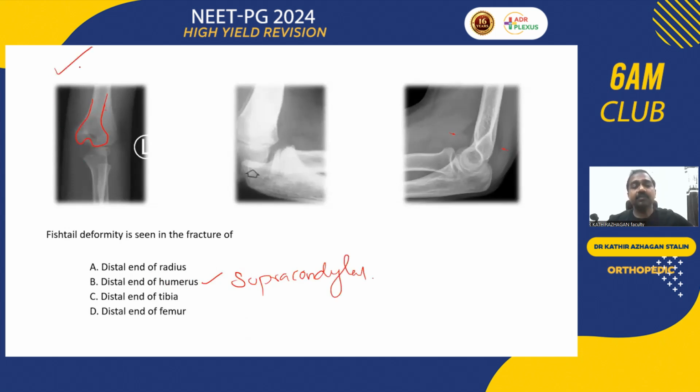This was asked. So what I did is, next year they will deal with it differently. Crescent sign is seen in fracture of, or they will give you this image and ask what sign. Can you see a small crescent?